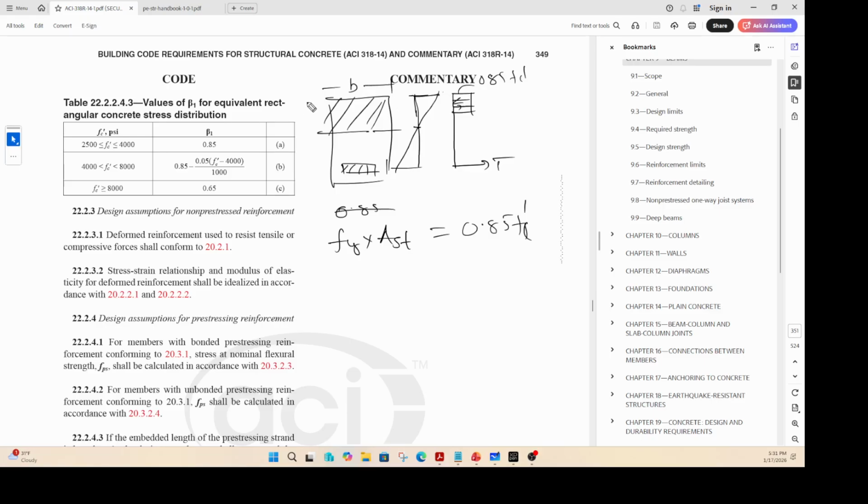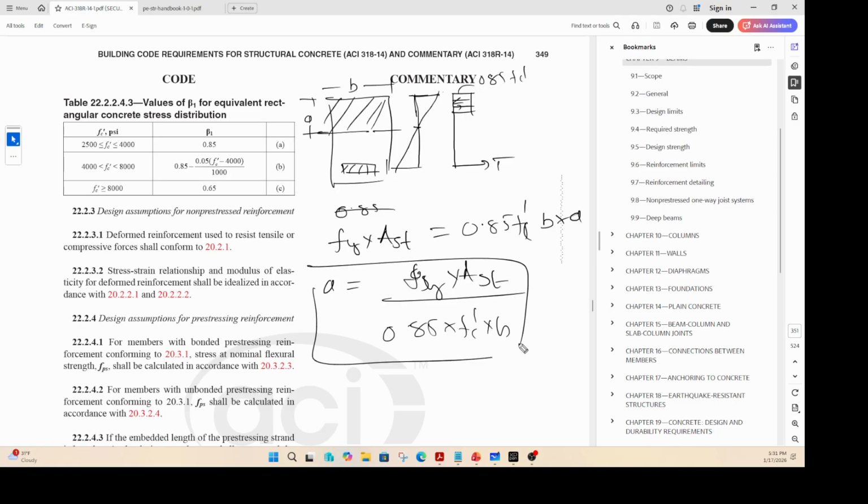The width of the beam is b, the depth of that block is a. So b times a. In other words, a is Fy times AST divided by 0.85 times fc prime times b. That is how you calculate a.